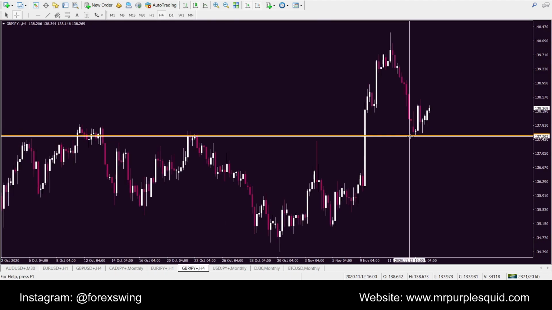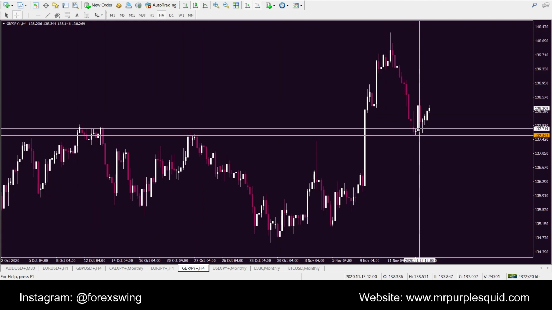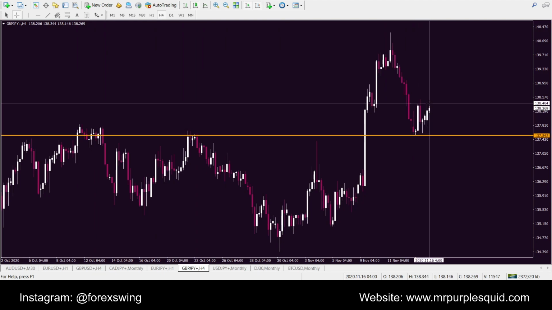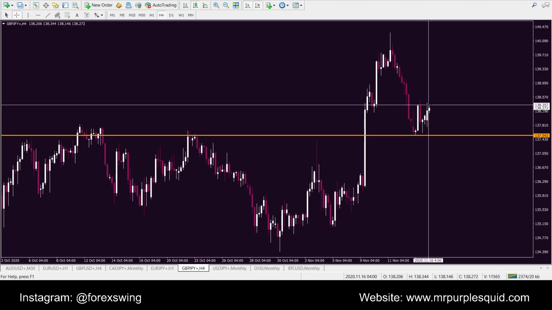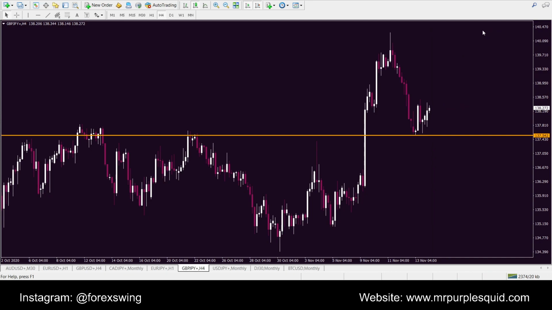Remember, here we have resistance turned support, right? So if I get a break above this right here, I'm saying that this resistance turned support actually holds and price is respecting it and will head to that side.